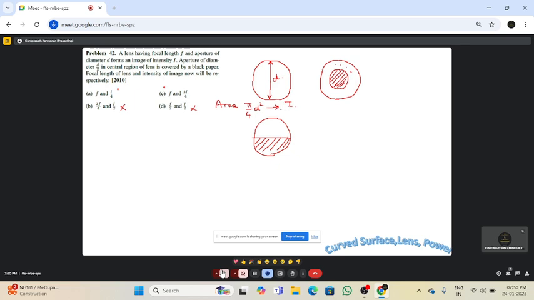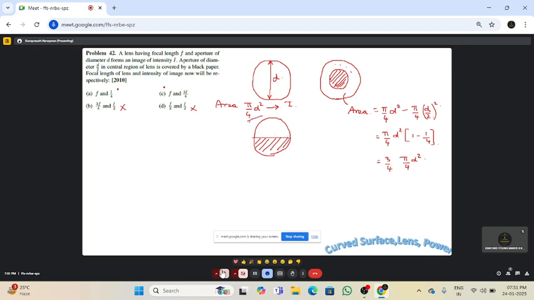For this area they got an intensity of I. Now what is the new area? It will be pi/4 d squared minus this covered area, which should be subtracted: pi/4 (d/2) the whole squared. So taking pi/4 d squared as common, it will be 1 minus 1/4, which means I will be getting 3/4 of pi/4 d squared.